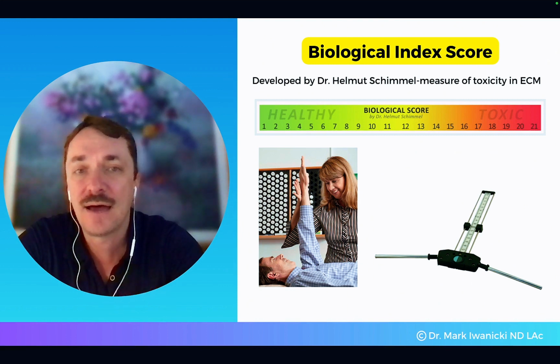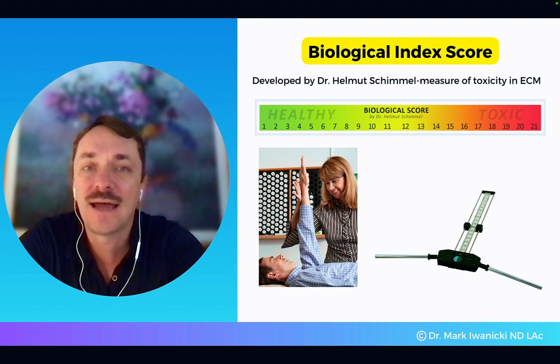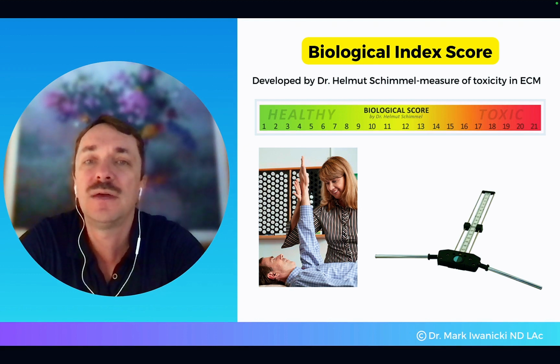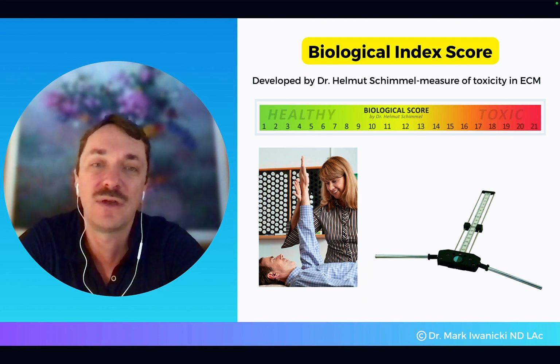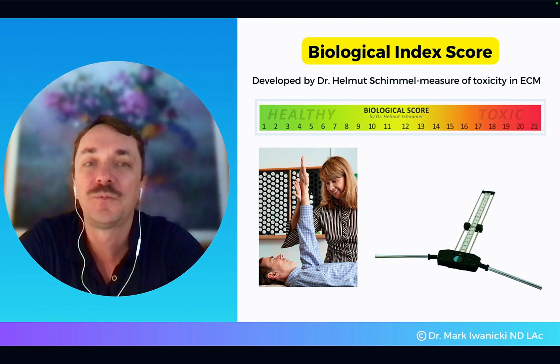We want to get down to ideally around 9 or 10, which is an ideal area to be at for a healthy person. You're never going to really get down to lower levels just because of the nature of the world we live in, but if we can get them down to 9 or 10 or below, that is ideal. And then when we do that, we see that the patient's improved. We see that the manifestations are becoming eliminated and the chronic disease is being reversed when you see this movement away from toxicity.